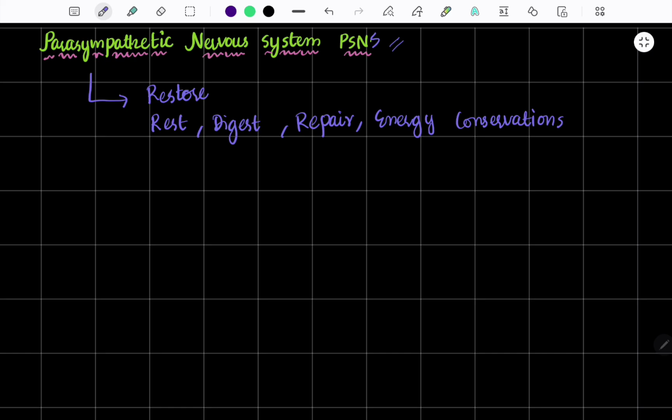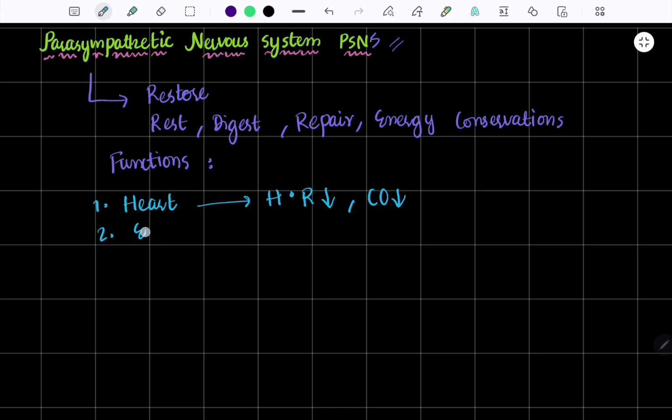So let us discuss the functions which are opposite to the sympathetic functions. Let us take a quick review of the functions of the parasympathetic system. First, heart rate. In the sympathetic system, heart rate was increasing, cardiac output was increasing, contractility of the heart was increasing. So here the heart rate would decrease, cardiac output would decrease, and contractility hence decrease.